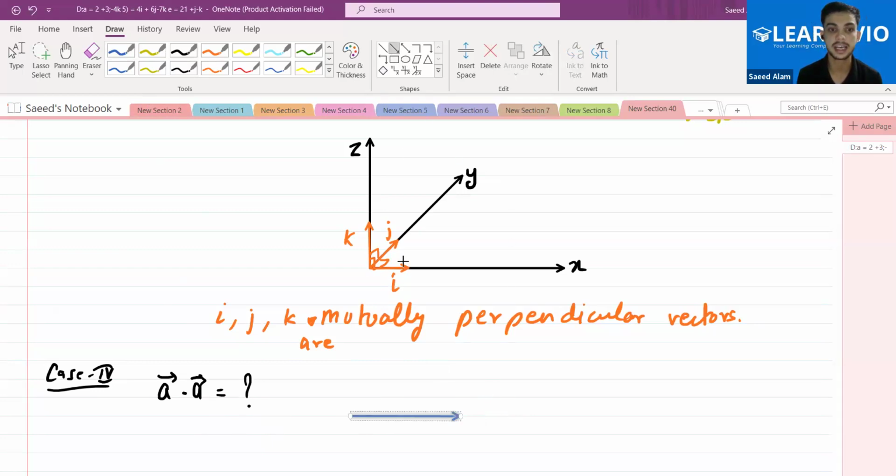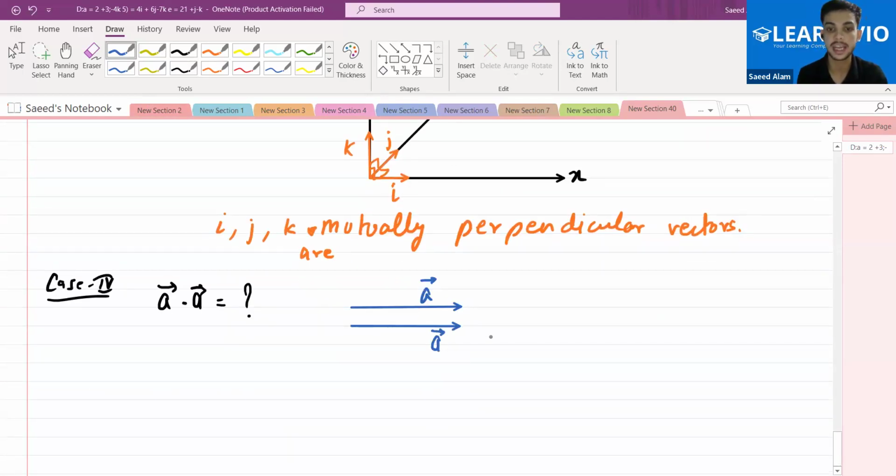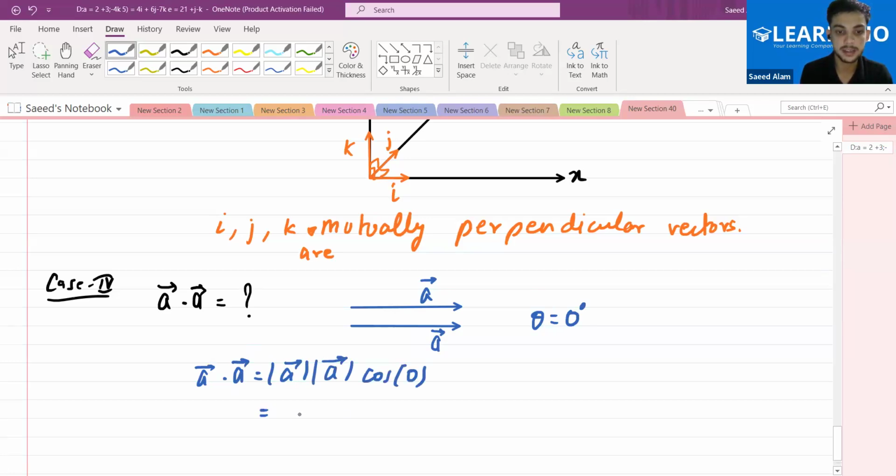Exactly. The angle between A and A will be 0. So when we dot these two vectors, A and A, the angle theta is 0 degrees. So A dot A gives the magnitude of A, the magnitude of A, and the cos of 0, and that means we'll get the square.